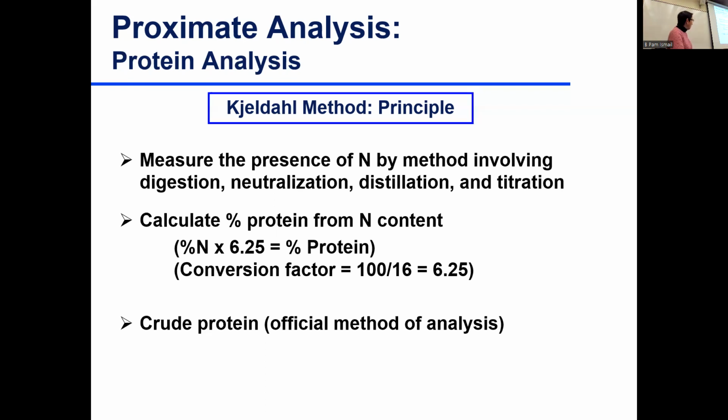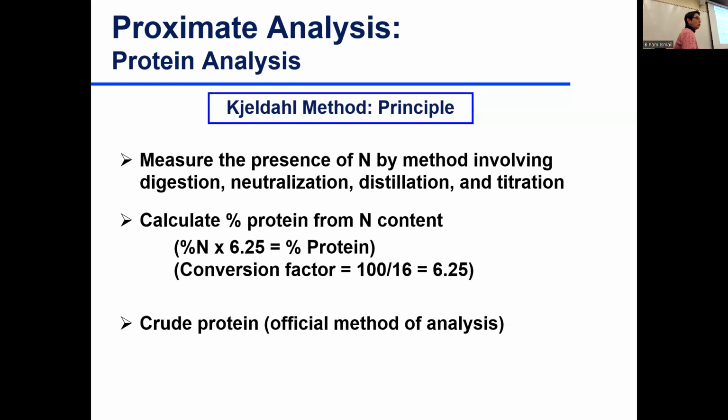Okay, so it's based on following the nitrogen. All the chemical reactions that I'll show you are basically following the nitrogen and calculating the nitrogen content. Then we convert that to protein. How? Every protein, of course, has amino acids, and the different composition of amino acids leads to different nitrogen content.